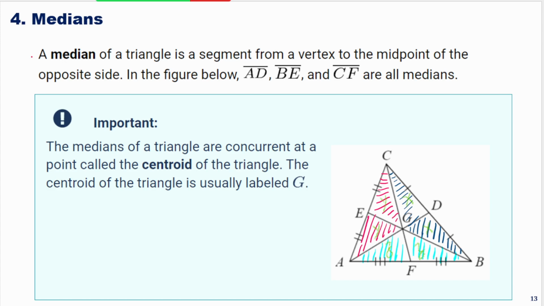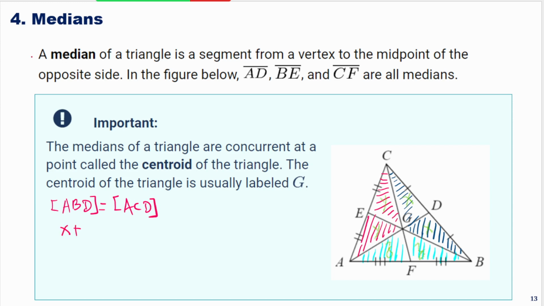The little triangles aren't the only triangles that share the same altitude, since triangle ABD and triangle ACD have the same altitude from A to equal bases BD and DC. We also have the area of triangle ABD equals the area of triangle ACD, right?